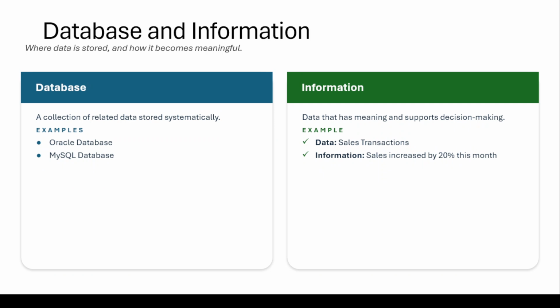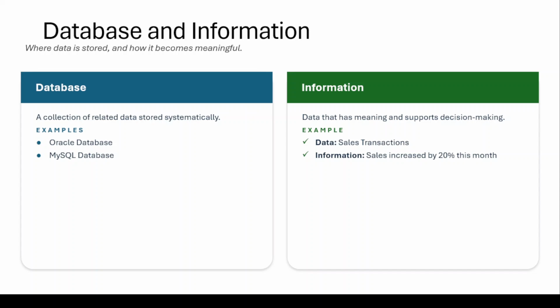Database and information. We know some examples already discussed, like Oracle database, MySQL database, PostgreSQL database. Sometimes we use MS Access also as a database. Information is data that has meaning and supports decision making.